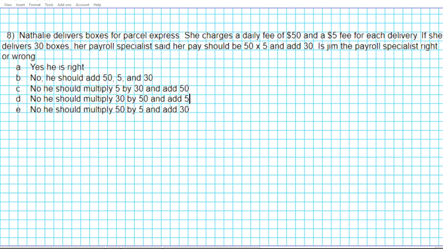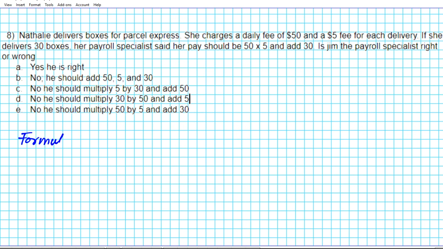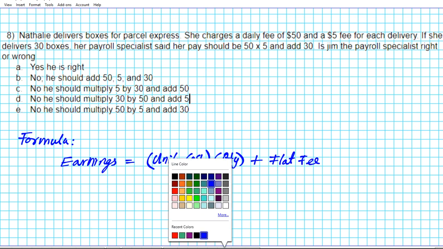We're going to start out by writing down the formula for her earnings. The formula for her earnings is basically her variable cost, which is unit cost times quantity, and then you add on the flat fee, which is independent of how many she delivers.